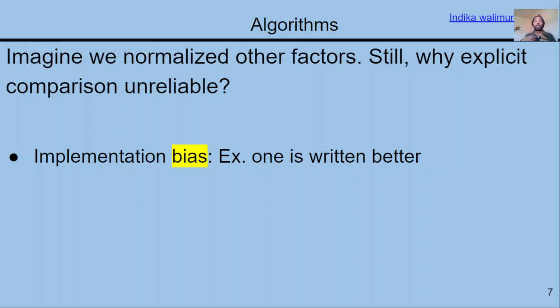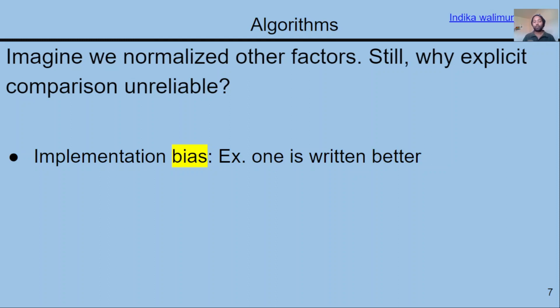For example, the best engineer implements one of the algorithms, and a not so good engineer implements the other algorithm. So now there's bias from the engineer. One engineer used the best strategies in writing the program, and the other engineer, for the same algorithm, used different, not so standard tactics.